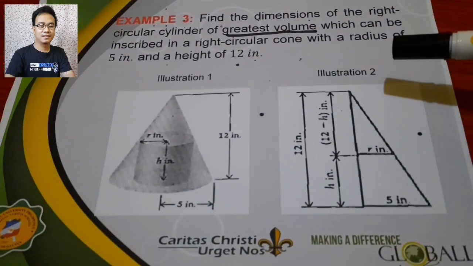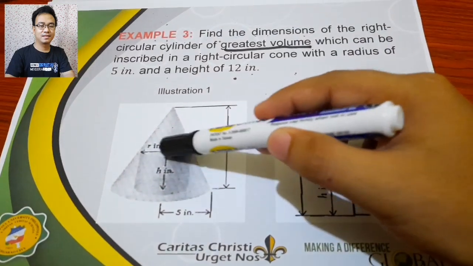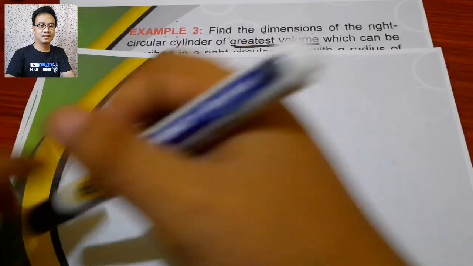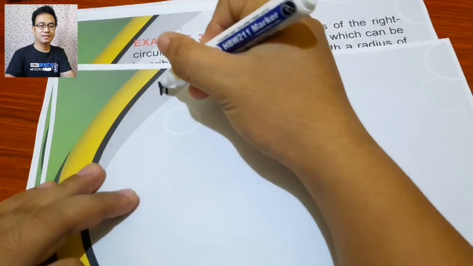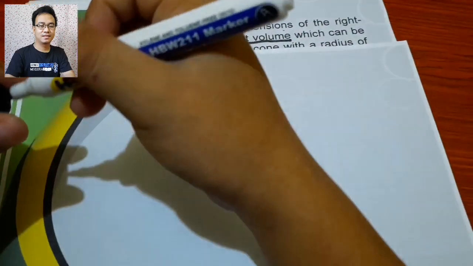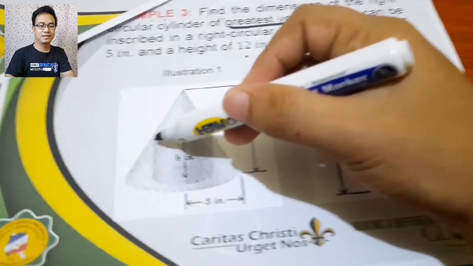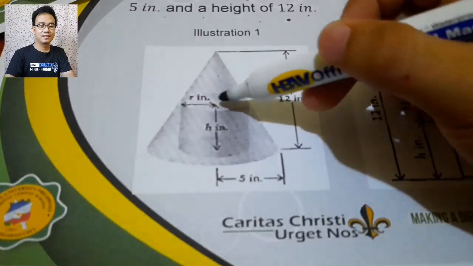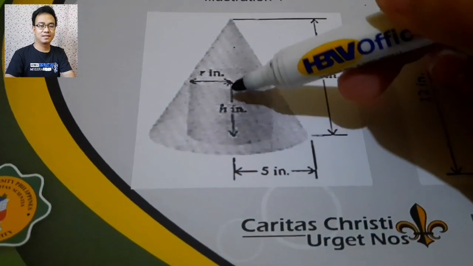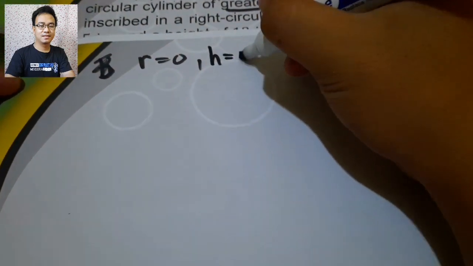Our illustration number 1, if we try to let the radius of this cylinder be equal to 0, if we let that r be equal to 0, and if we let this h, gagawin mong 0 yung radius niyan, magiging flat yung cylinder, at tapos gagawin mong 12 yung kanyang height, ang mangyari h equals 12.